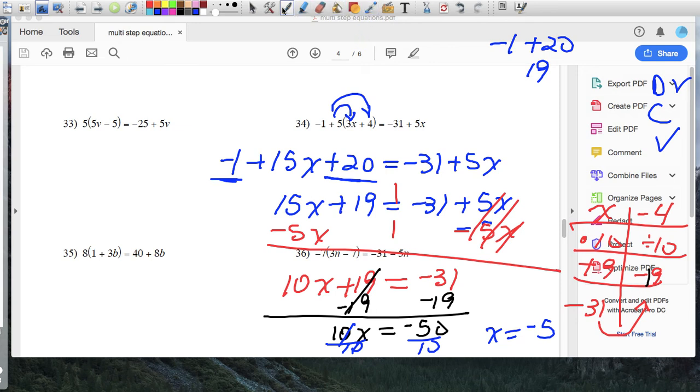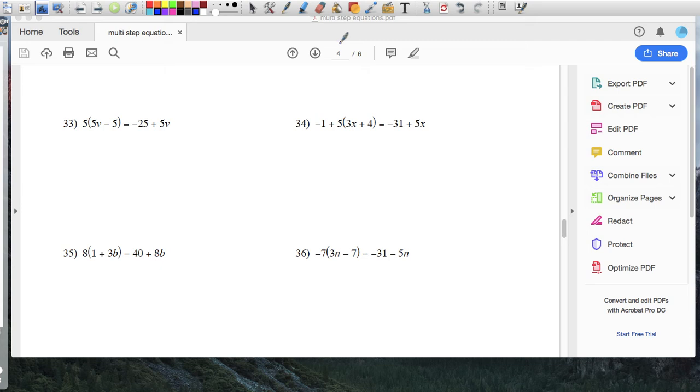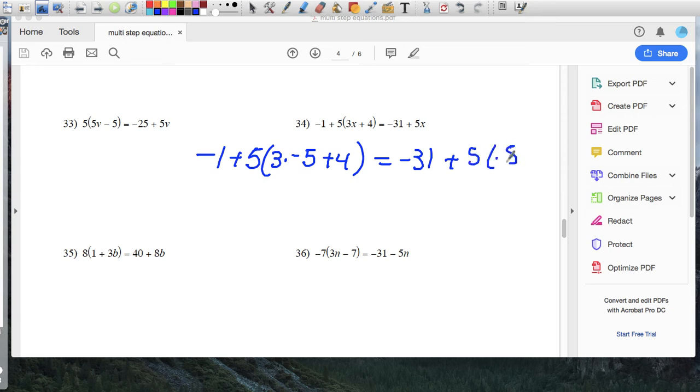Substitute. I'm going to erase this. I'm going to substitute right here. So it's negative 1 plus 5 times 3 times negative 5 plus 4 equals negative 31 plus 5 times negative 5. Order of operations. Negative 1 is still not doing anything.